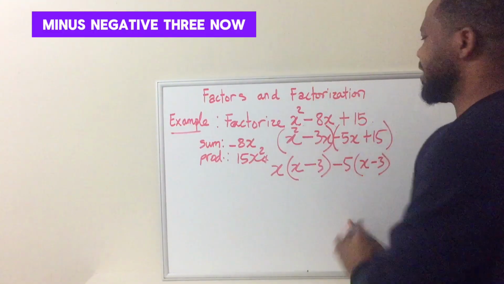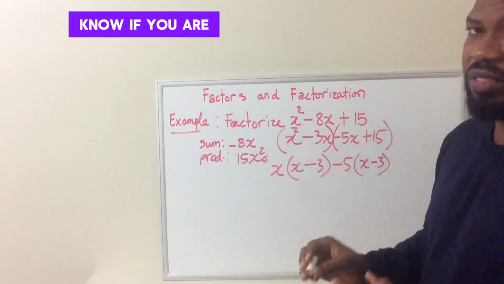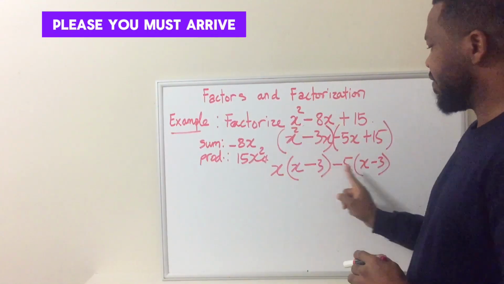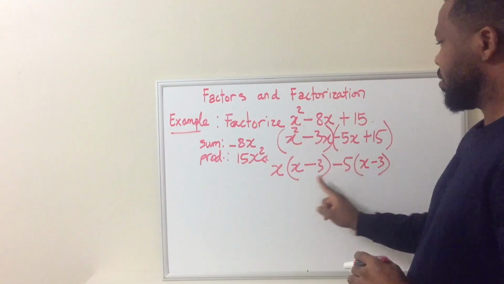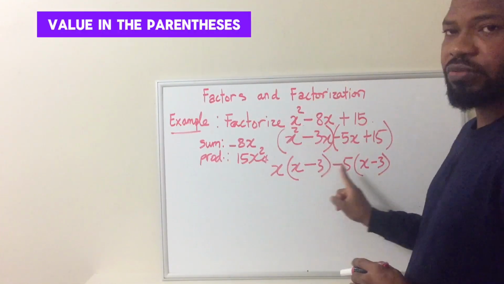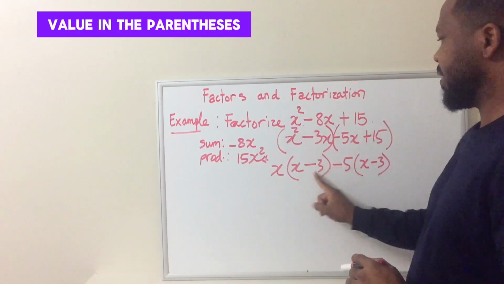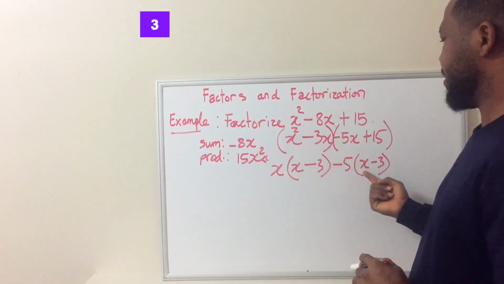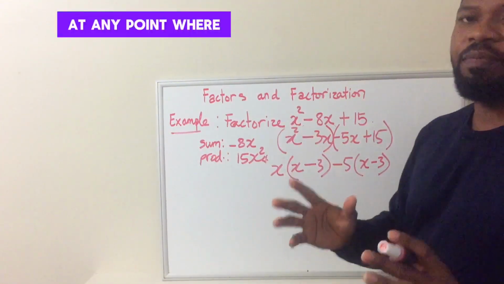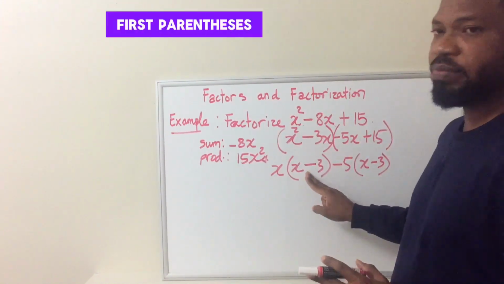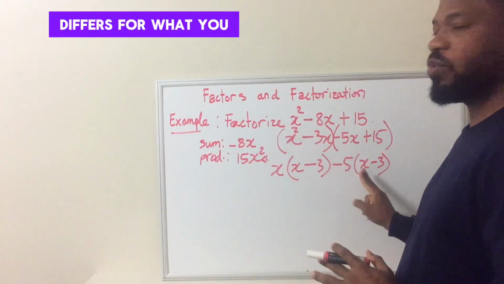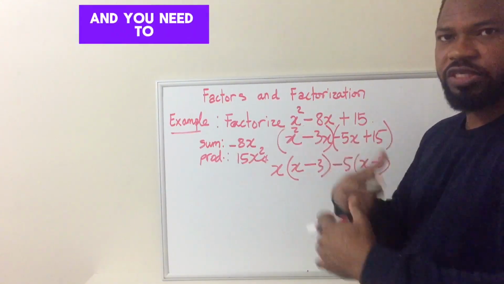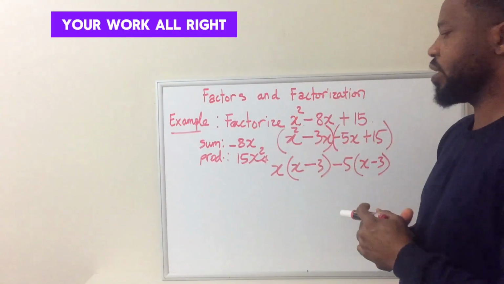Now, the easy way to know if you are doing the right thing is you must arrive at a common value in the parentheses right here. As you can see, this is x minus 3, x minus 3. At any point where what you have in the first parenthesis differs from what you have in the second parenthesis, there's something wrong with your work and you need to revisit it.